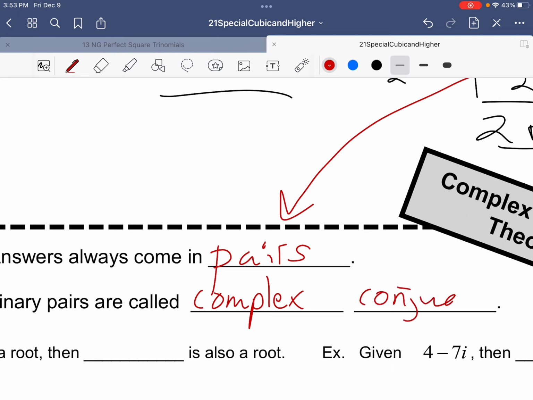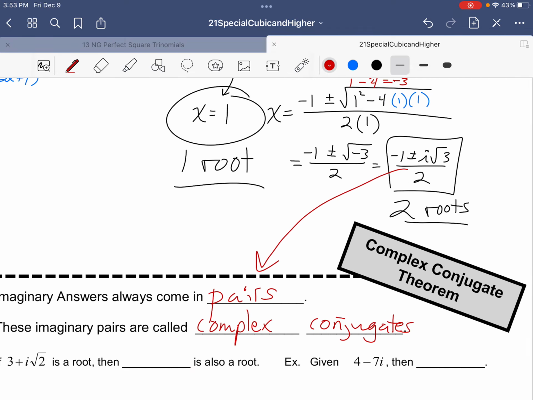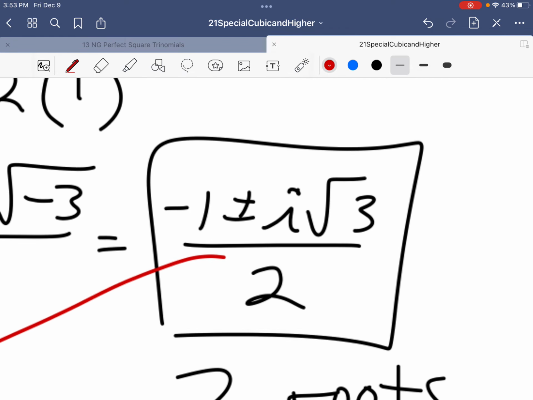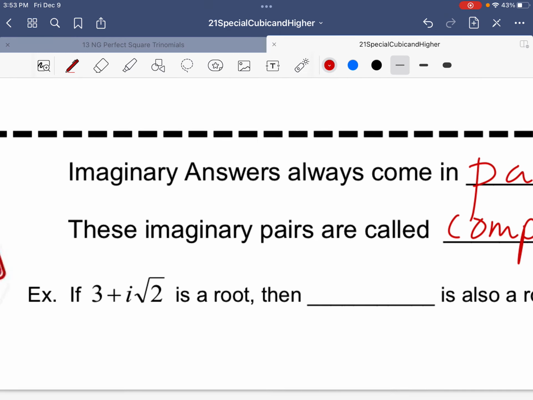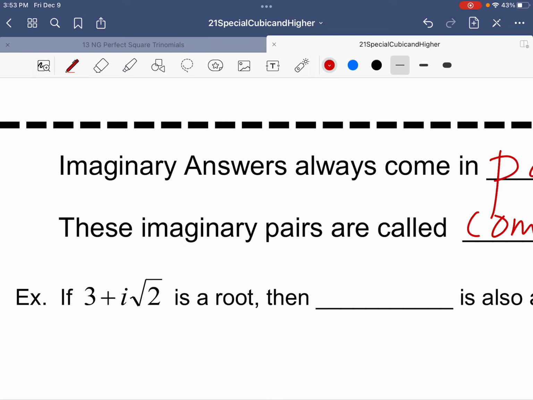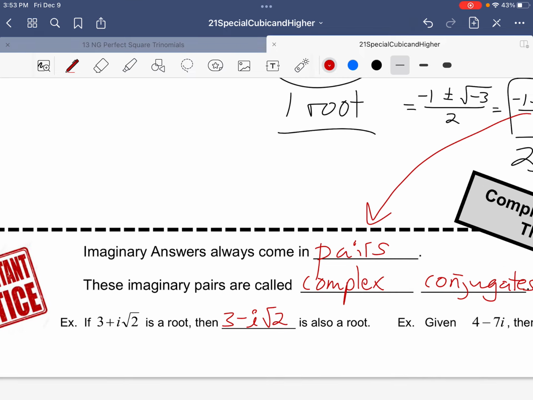Complex conjugates just mean that we're always going to have that plus or minus of the i. So here, I had negative 1 plus or minus i root 3. That's a complex conjugate. So what if I had 3 plus i? Then I would be guaranteed to have 3 minus i. Again, you can be guaranteed that it'll always come that way.